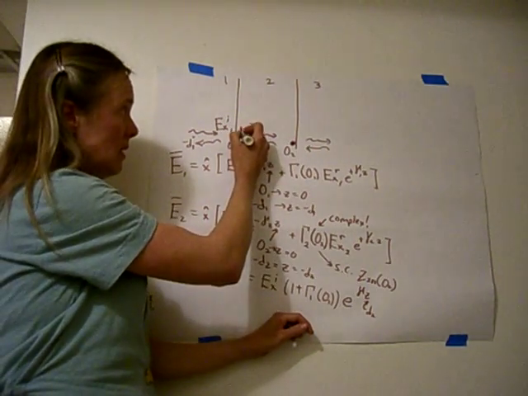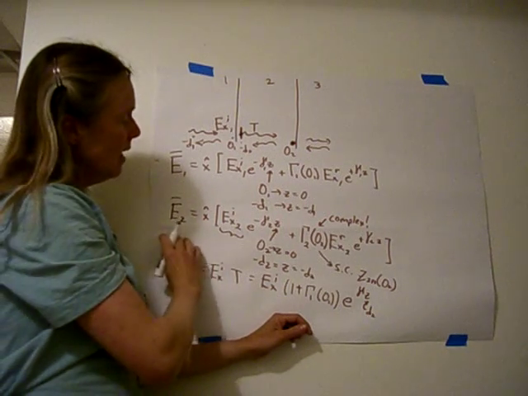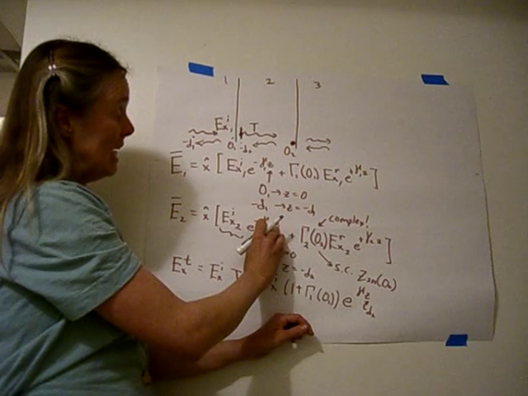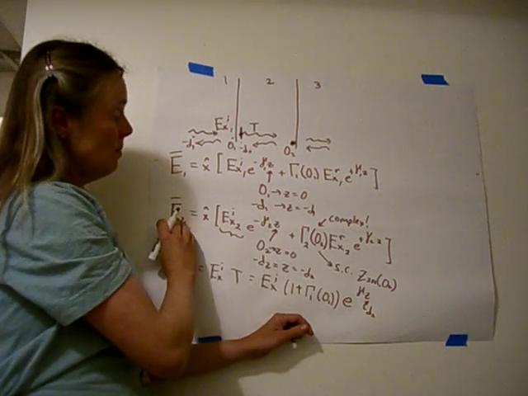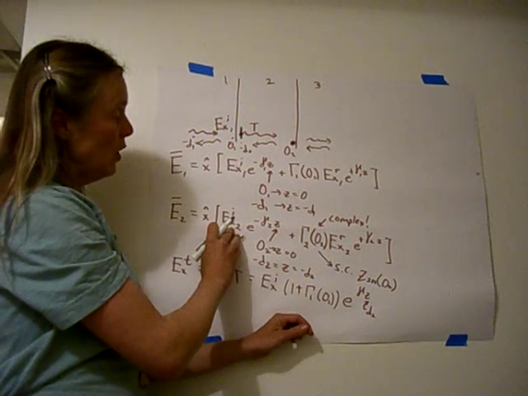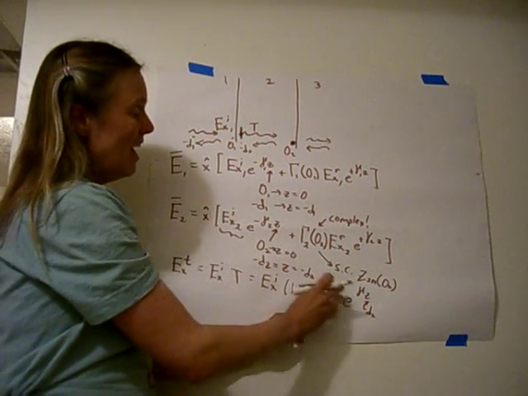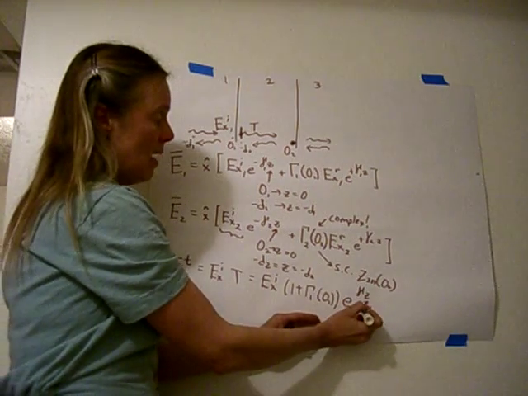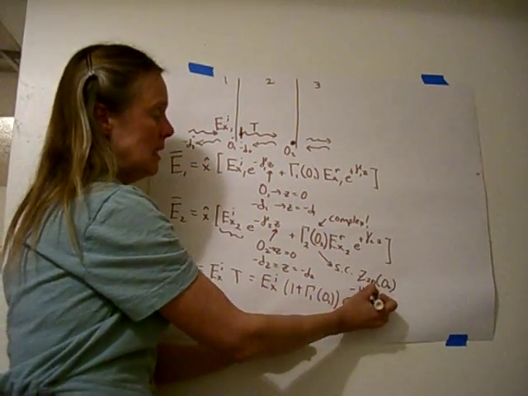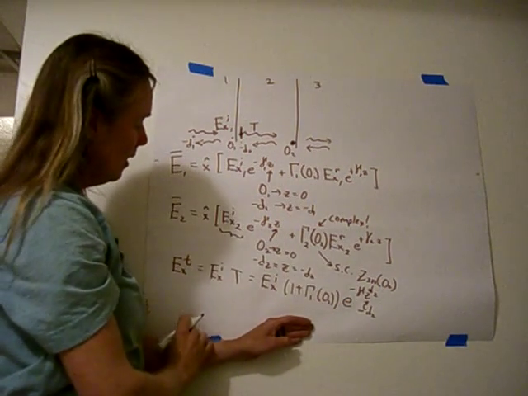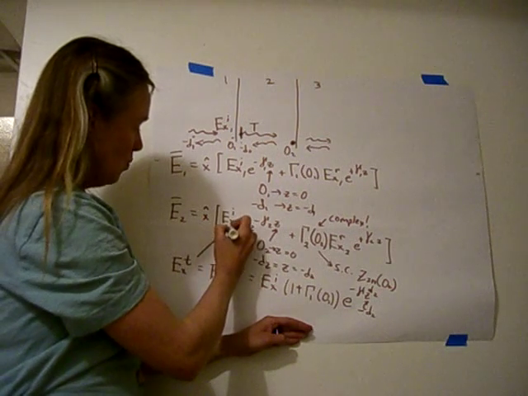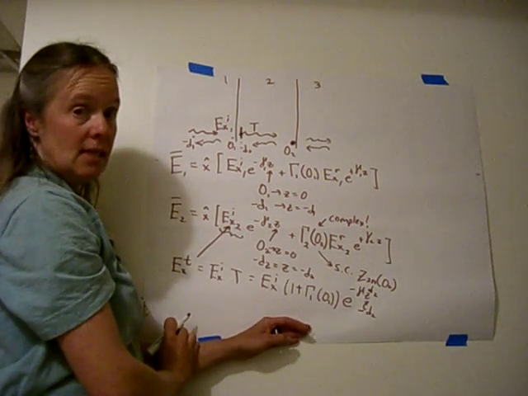Right here is the electric field that I had. I can actually look at this equation right here and see that if I had a minus d2, this would be my incident electric field at d2, this would be my incident electric field at O2. So I'm going to use a plus sign with a minus d2 here. So this ends up being minus gamma d2. That will give me the transmitted electric field, which is what I put in here for the incident electric field for region number 2.